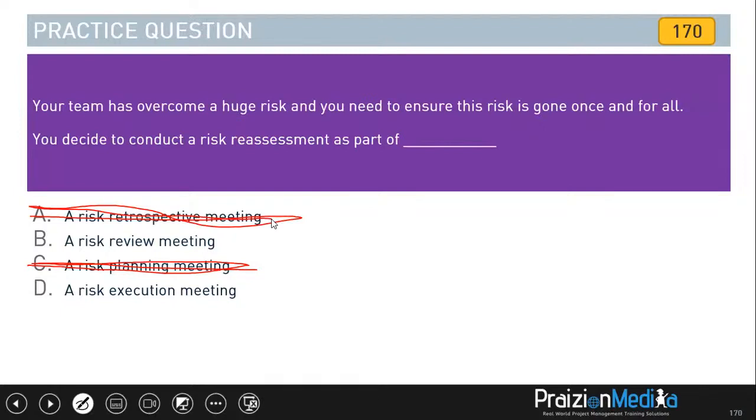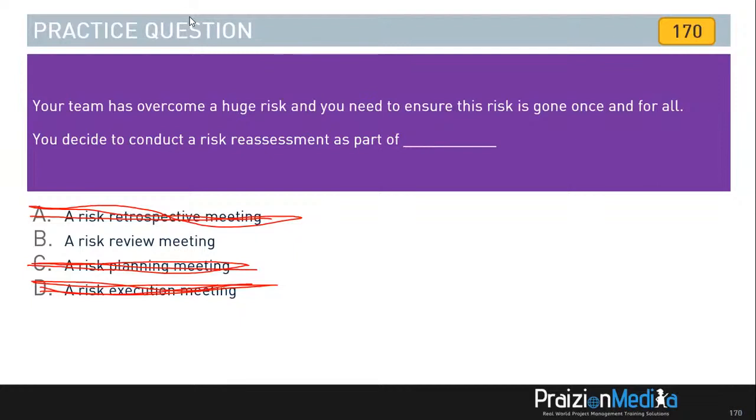Would you say this is done in a risk execution meeting? Well, there's actually no such meeting. There are risk planning meetings, but a risk execution meeting is actually not really a thing. The best answer, according to the PMBOK Guide 6th edition, based on the actual language, the lingo that we use, is risk review meeting.